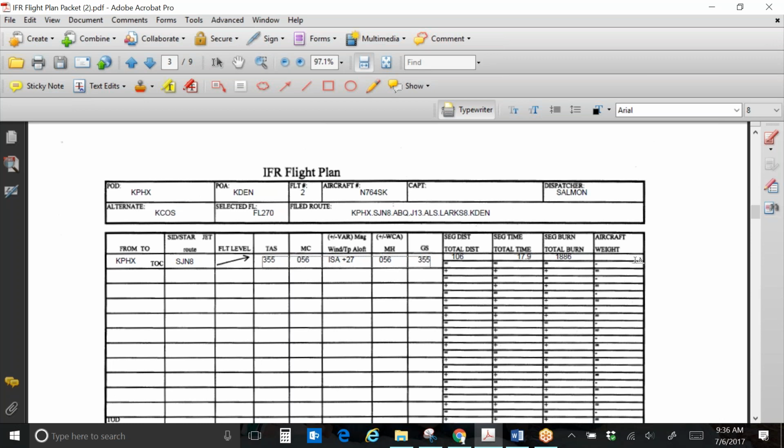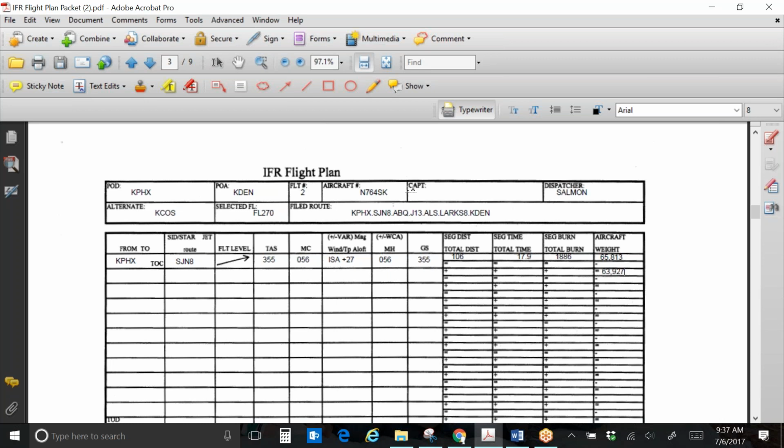I'm also going to input my weight in here, 65,813. That was my takeoff weight. So now I'm going to come down here and do my math and get my weight starting for the next leg. 65,813 minus that 1,886 pounds of fuel is now going to be 63,927 starting my next leg.